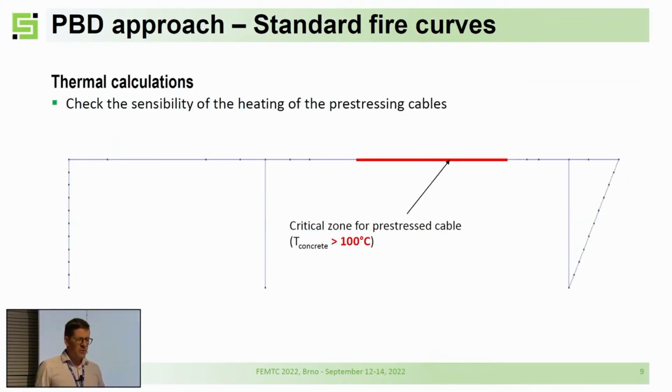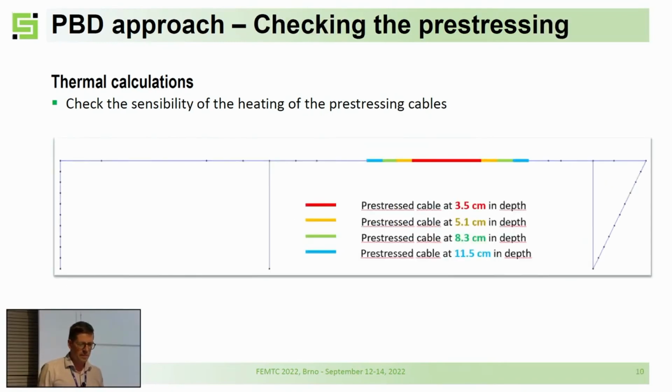For the thermal calculation, we have to check the sensitivity of the structure, and you can see on this tunnel, this is the place where the cable is the nearest to the fire position. So this will be the critical section to check.